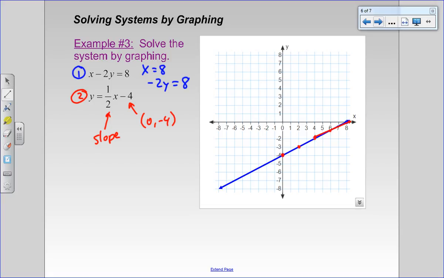In fact, if we were to graph the red line, we would see it's exactly the same as the blue line. That's because these two equations are actually equivalent. If we were to solve that first equation for y and isolate y, we would obtain the second equation.